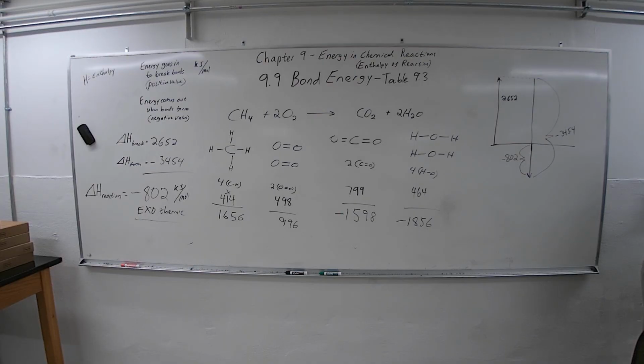Look at this chart. The larger the number here, the stronger the bond is. Another way of saying it is, if you're breaking a bond, how much energy you have to put into it tells you how strong the bond is.